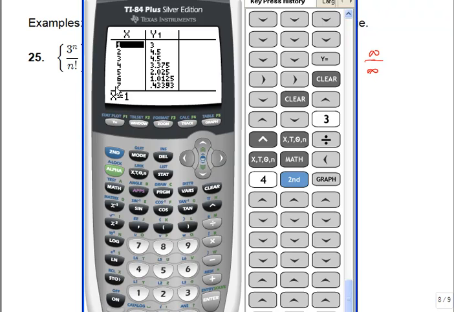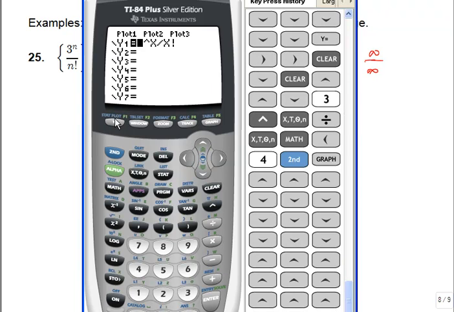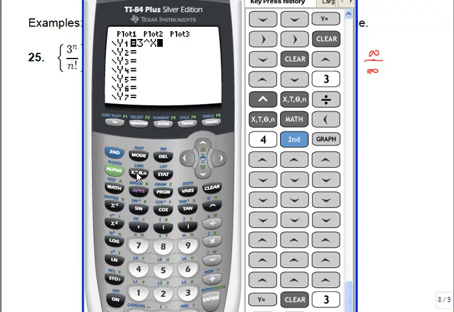Now the next thing I want to show you on the calculator is I want to compare the size of 3 to the n to the size of n factorial. So let's go back to our y1, and this time I'm just going to type in 3 to the x in y1, and then in y2 I'm going to type in x factorial.